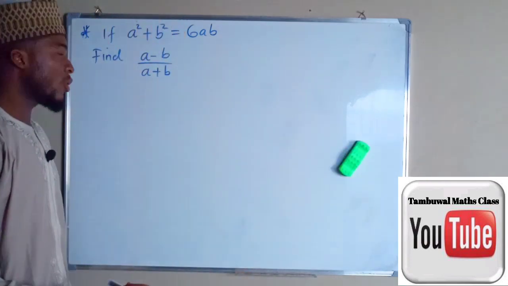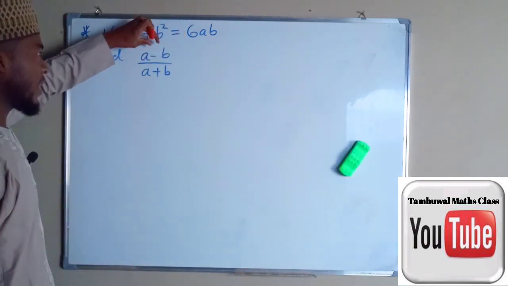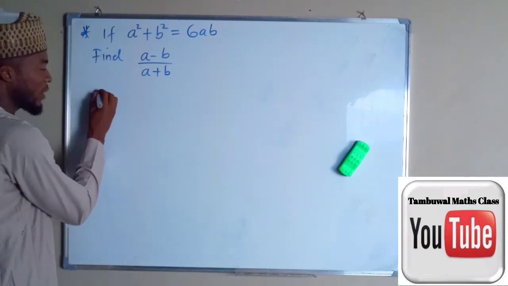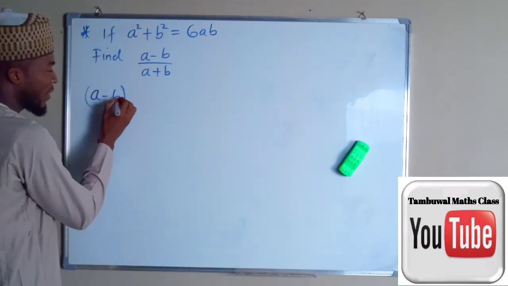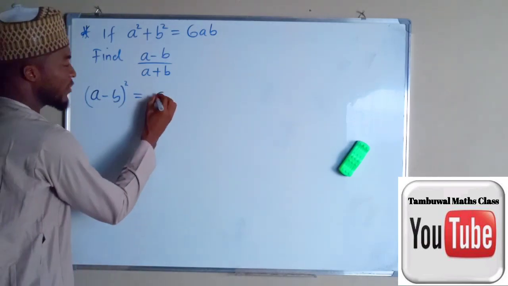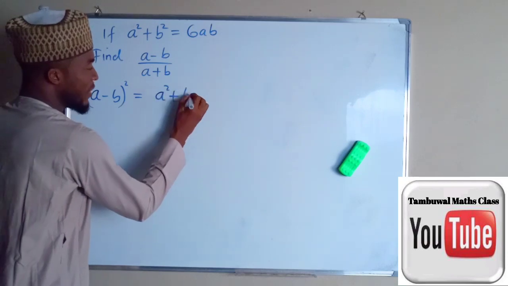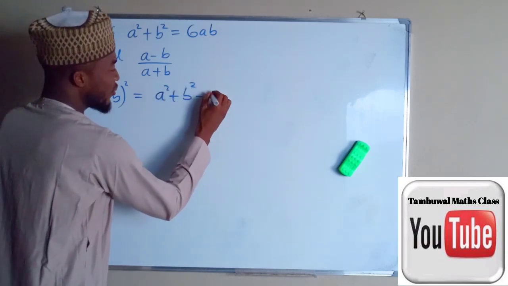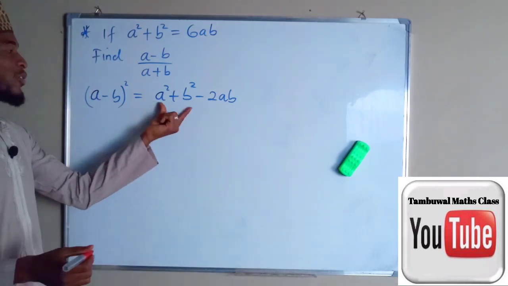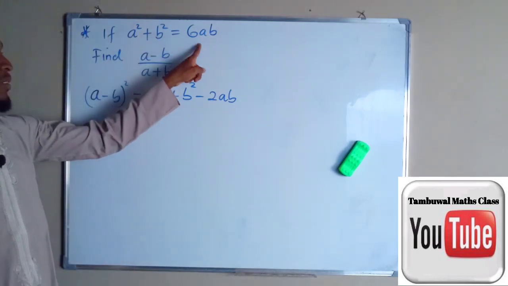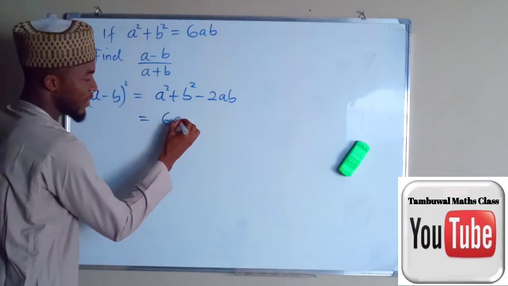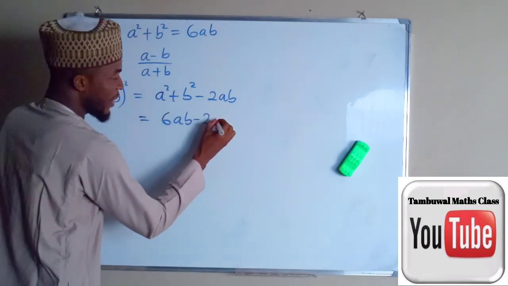Since they are not given to us, let us expand each one of these to the power of 2. For the first one, a minus b to the power of 2. If you expand these quantities, you are going to obtain a squared plus b squared minus 2ab. But a squared plus b squared is already given from the question, which is 6ab. So we can replace that one with 6ab. 6ab minus 2ab.